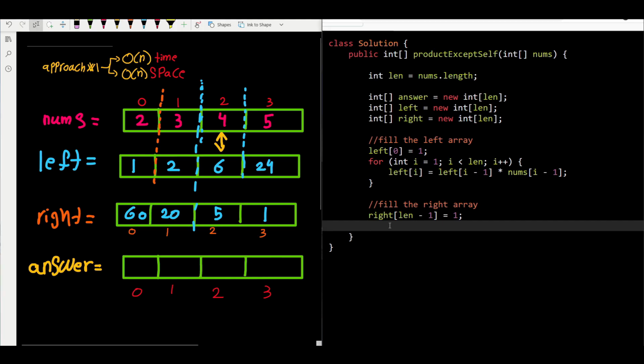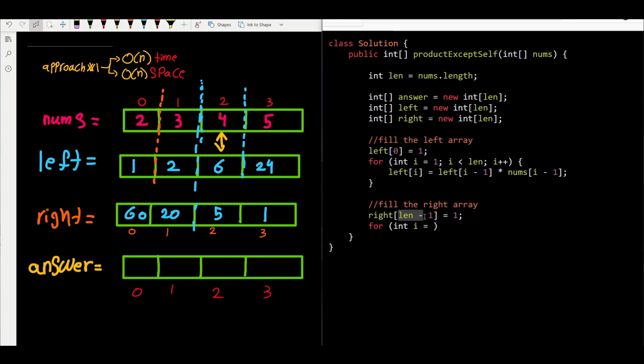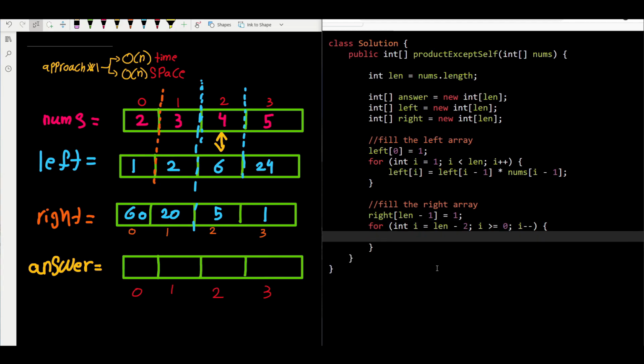So let's have this for loop. So we can say for int I equals what? Well, we already took care of length minus 1. So this I will start from length minus 2, right? Okay, and we can say I is greater than or equal to 0, and of course I minus minus. And we can say, hey, the right at index I equals what now? Well, let's have a look again.